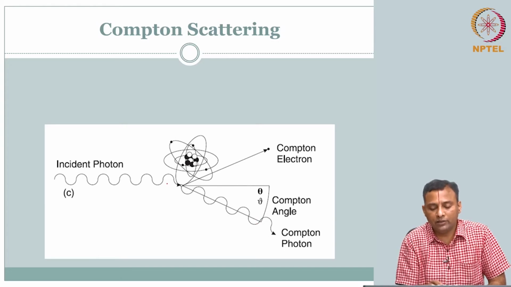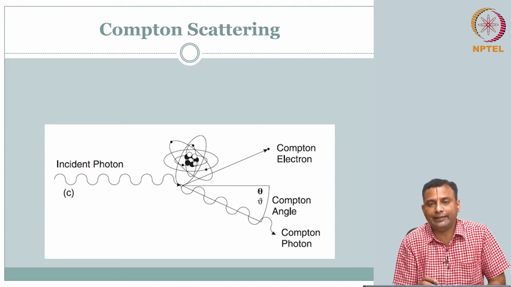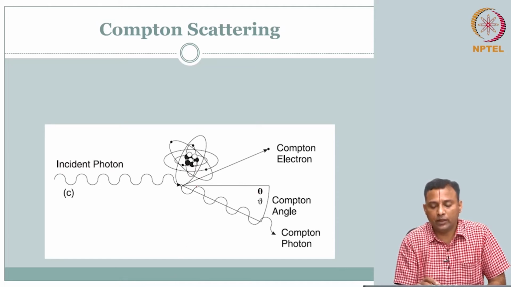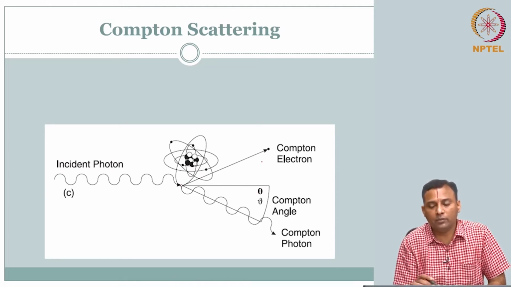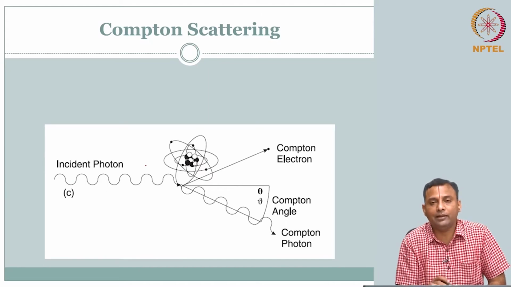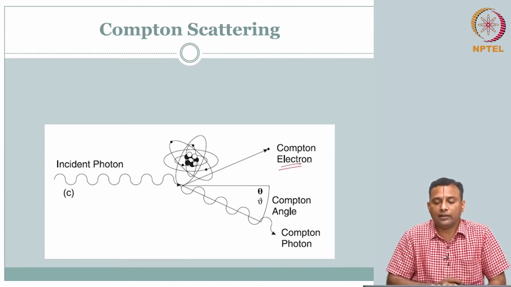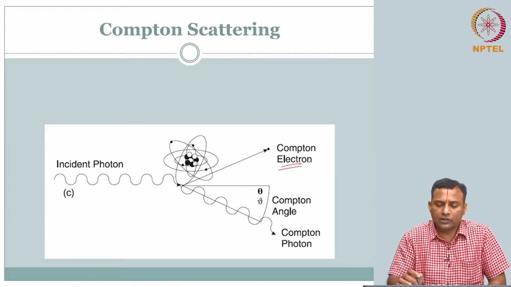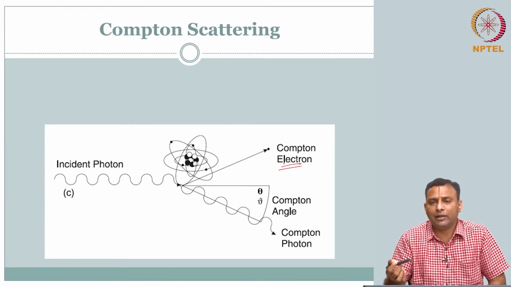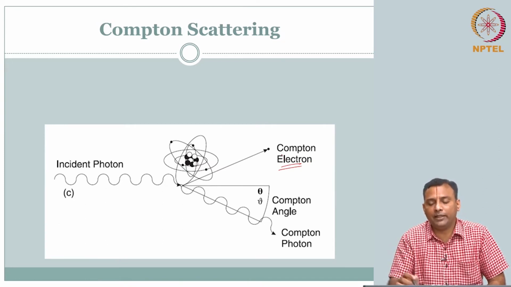Here in the illustration, if this was the original path, it is deflected by angle theta, and the electron that comes out because of Compton scattering is called the Compton electron. After that, this Compton electron could do the same thing. However, notice that the energy of the Compton electron is going to be small, but from a principal standpoint, yes, this is a particulate with energy that can do subsequent interactions.